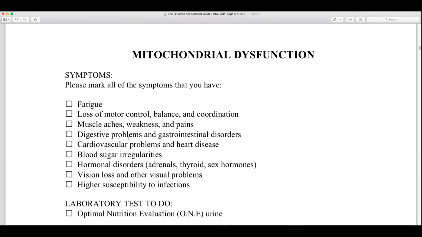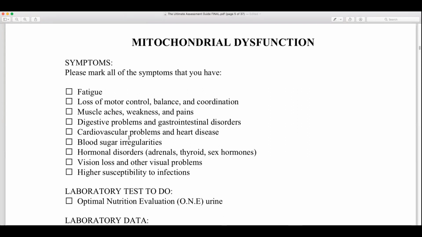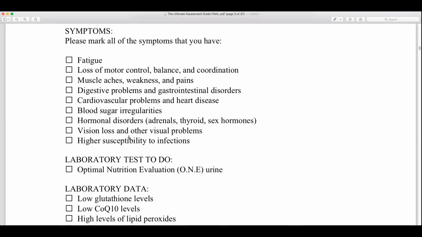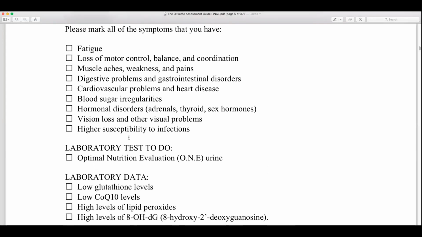So with mitochondrial dysfunction, once again, mark all the symptoms that you have: fatigue, loss of motor control, balance, and coordination, muscle aches, weakness and pains, digestive problems and gastrointestinal disorders, cardiovascular problems and heart disease. So as you guys may know, mitochondria is the energy center of every cell in the body, and it's in every cell except for red blood cells.